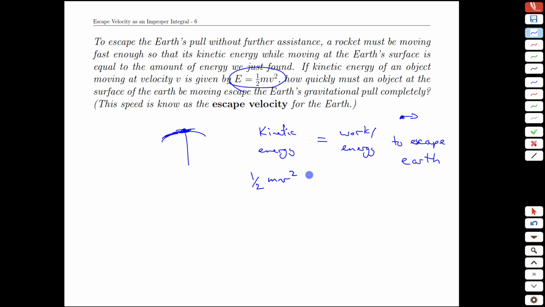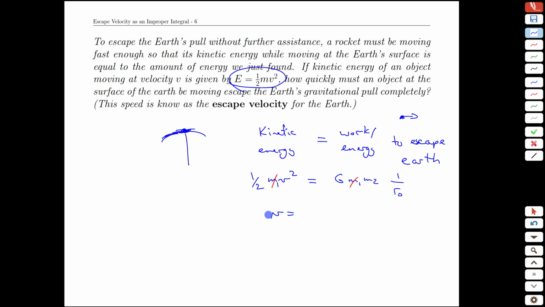1/2 m v squared equals the G m1 m2 times 1 over r naught. That was our result of our integral here, and the mass we're talking about is the mass of the thing we're lifting. We called that m1 before. And so we actually get a nice expression here.